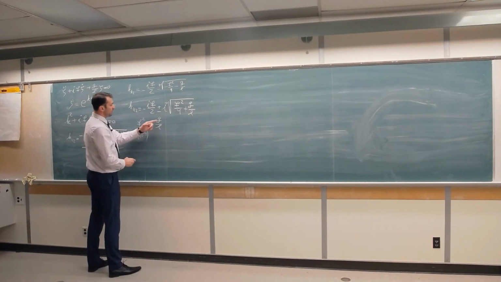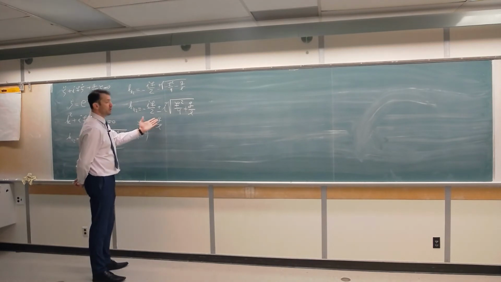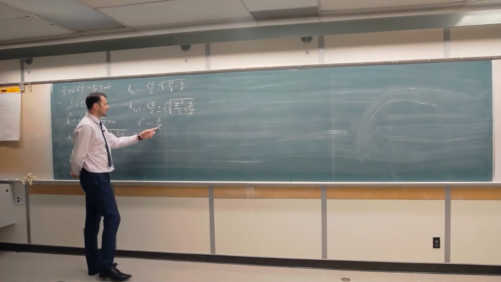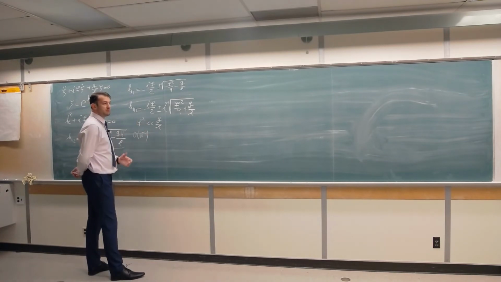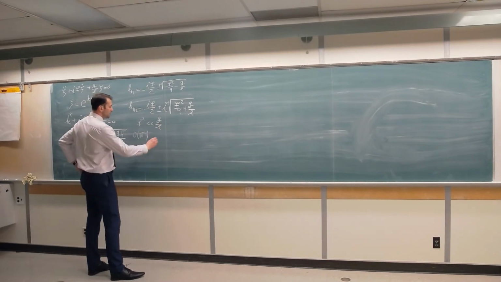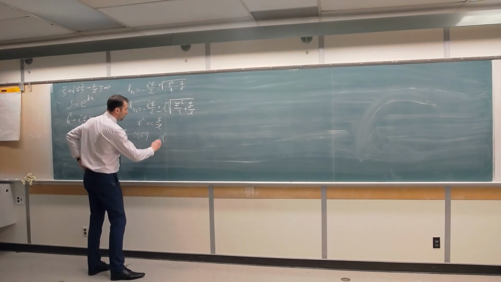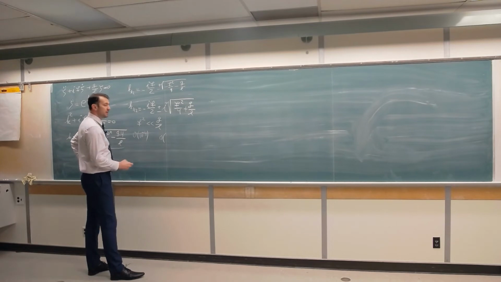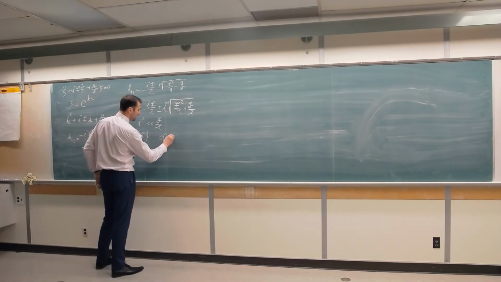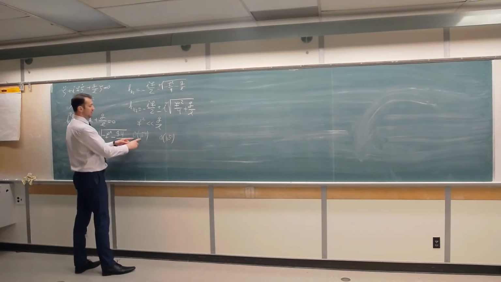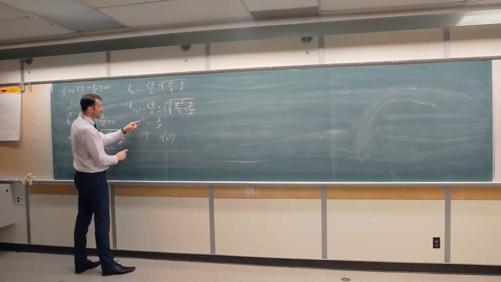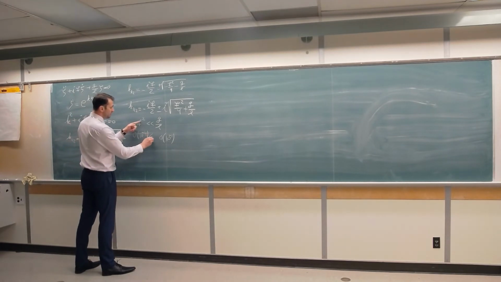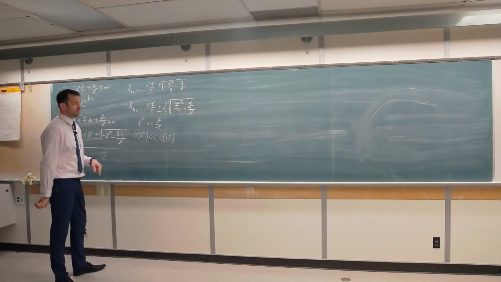And the order of g is approximately 9.8, about 10 meters per second squared, and L is approximately, we said 60, 70, 80 meters, so let's say 100 meters. So this becomes order 10 over 100, that's 10 to the power negative 1. Look how much smaller this is. And when I square this one, it will become really, really small.